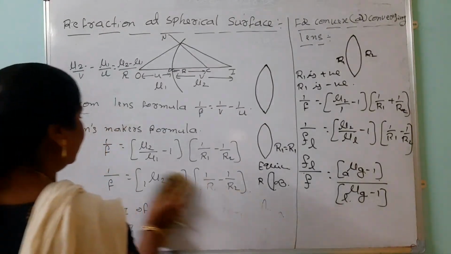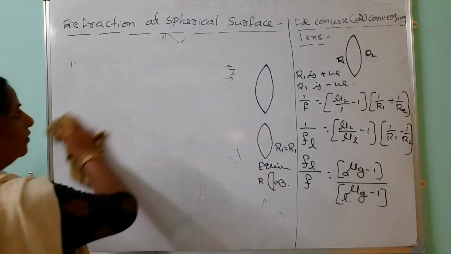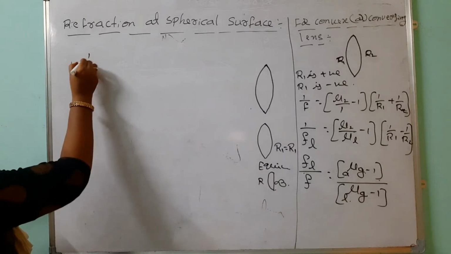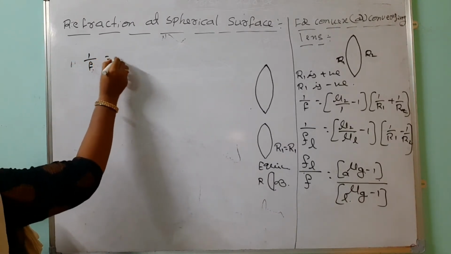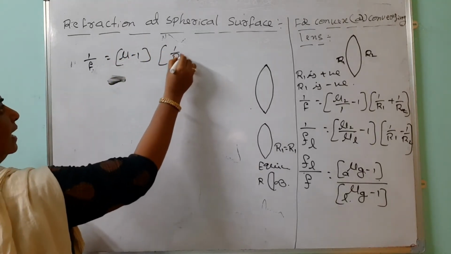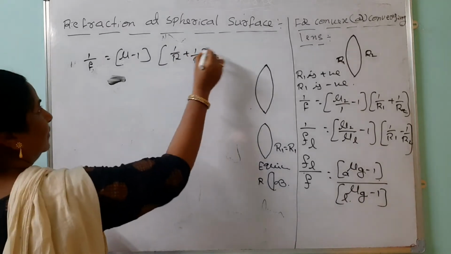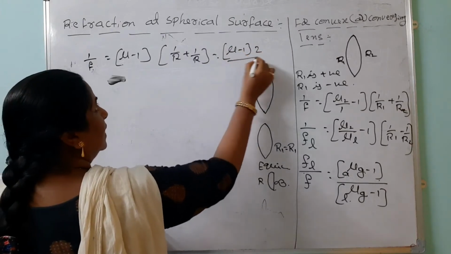And here there are different cases. For the equiconvex lens, how to get the focal length formula? 1 by f equals mu minus 1, into 1 by r plus 1 by r. We are getting 2 by r. So 1 by f equals mu minus 1, into 2 by r.